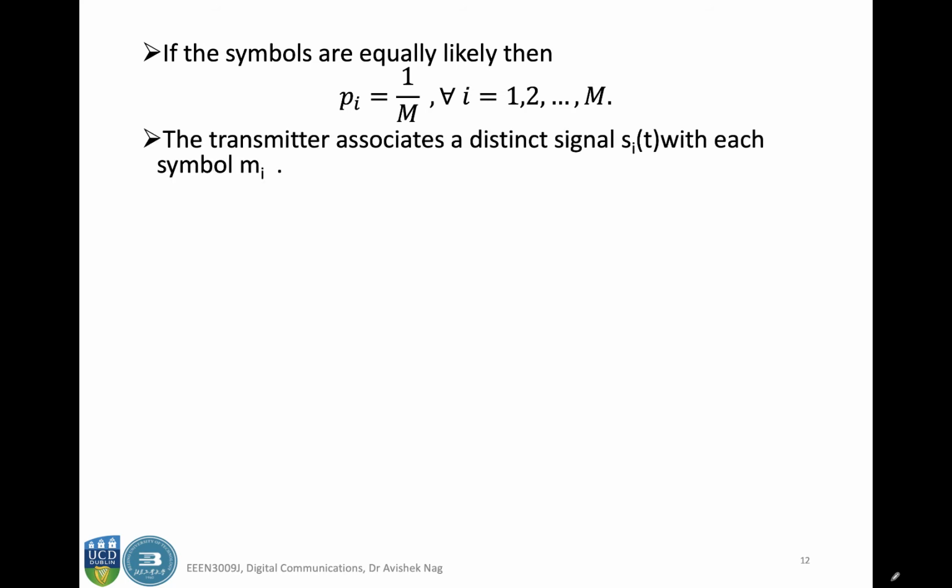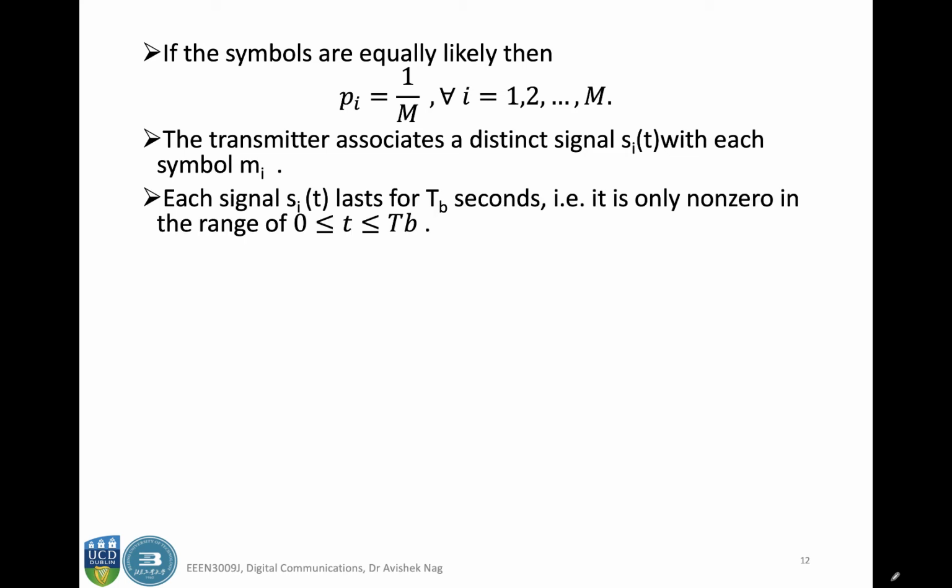And as I said, the transmitter associates a distinct signal si(t) with each symbol mi. This is the physical waveform or time domain signal that is transmitted through the channel, received, and then decoded to get back the original symbol.